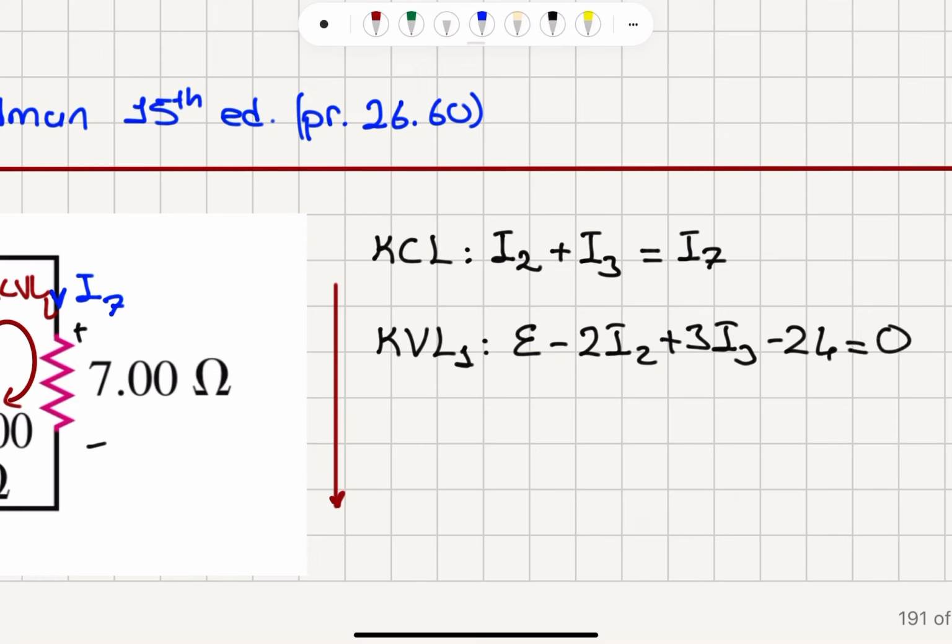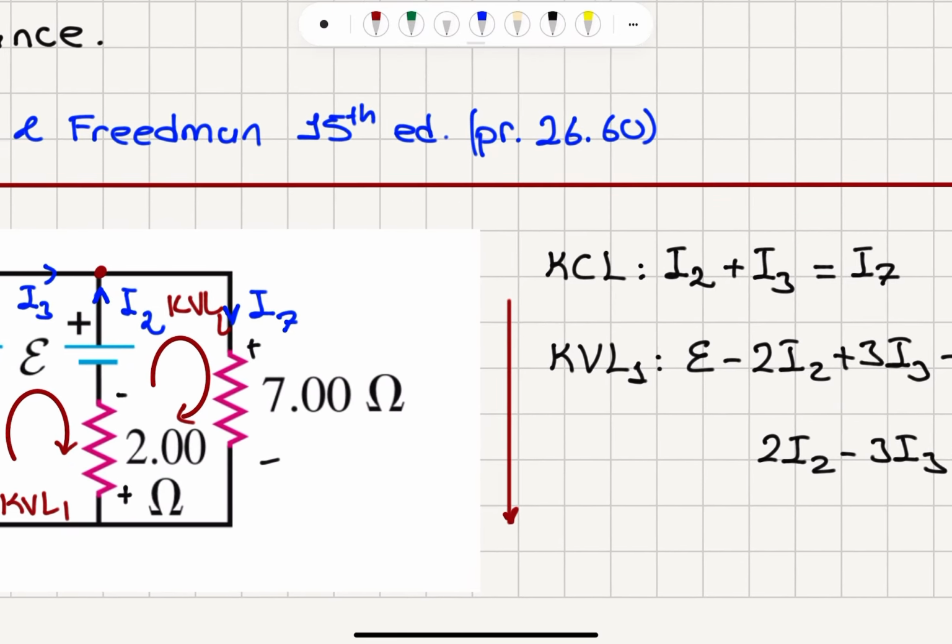So moving 2I2 minus 3I3 to the right hand side, this gives me epsilon minus 24 equals 2I2 minus 3I3.